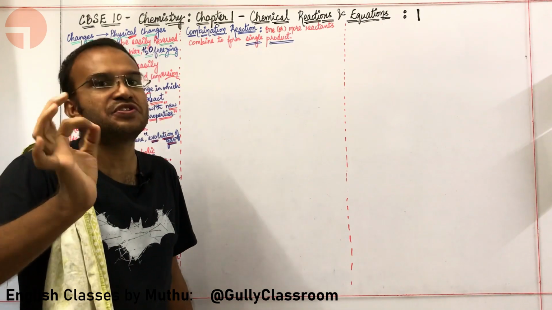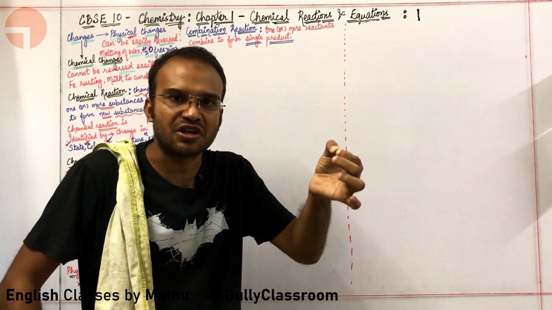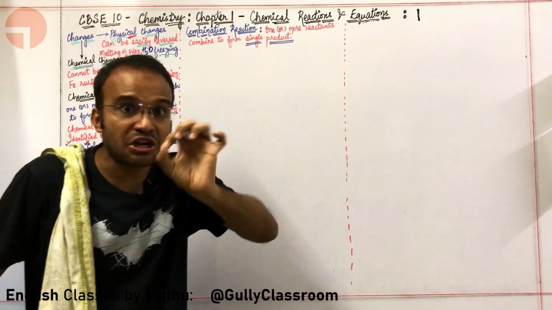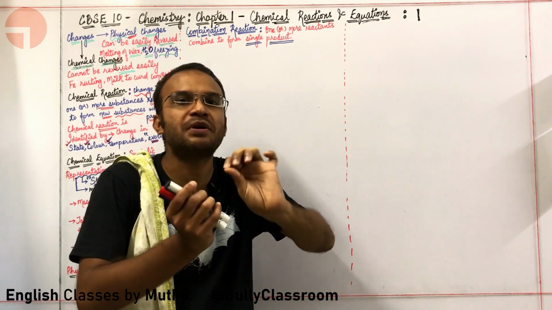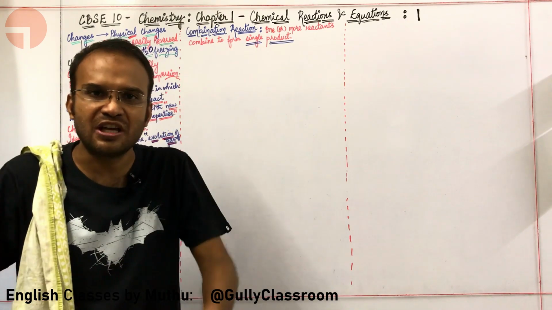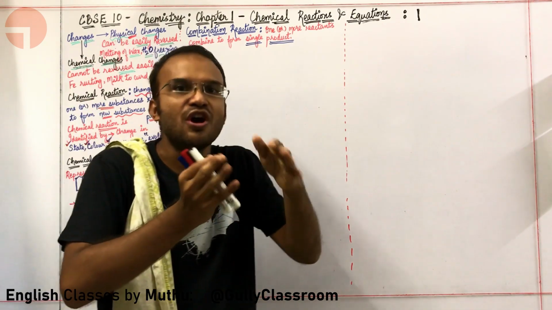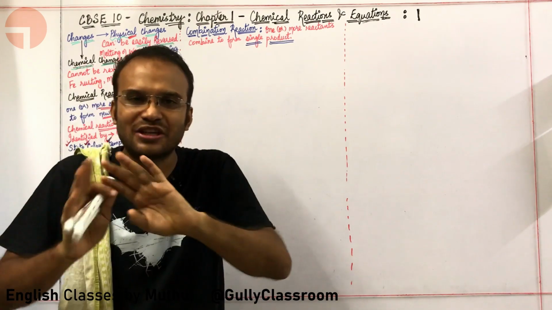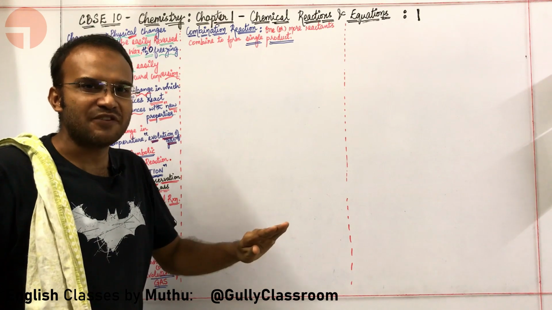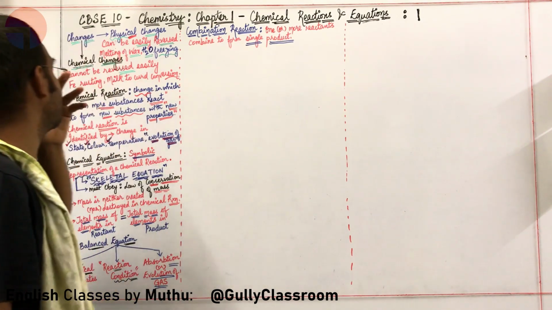Redox reaction is simply a combination of reduction and oxidation reactions happening at the same time, simultaneously. Hence the name redox: re for reduction, ox for oxidation. Okay, sir. Can we start the first lecture? Yes. Let us start the first lecture.